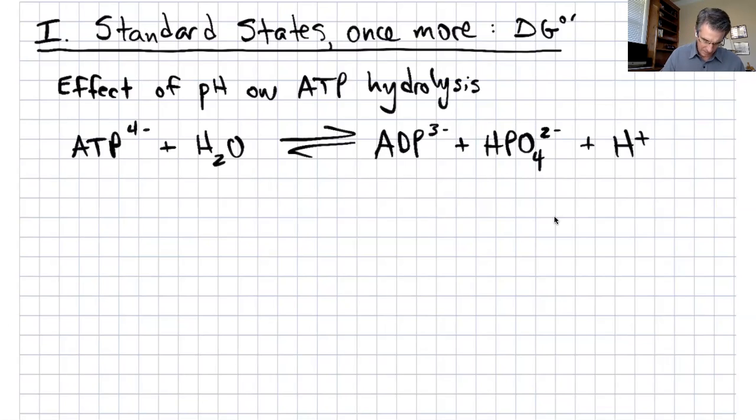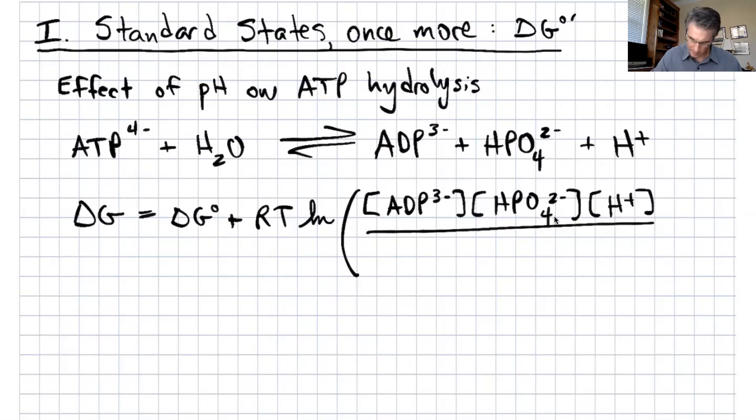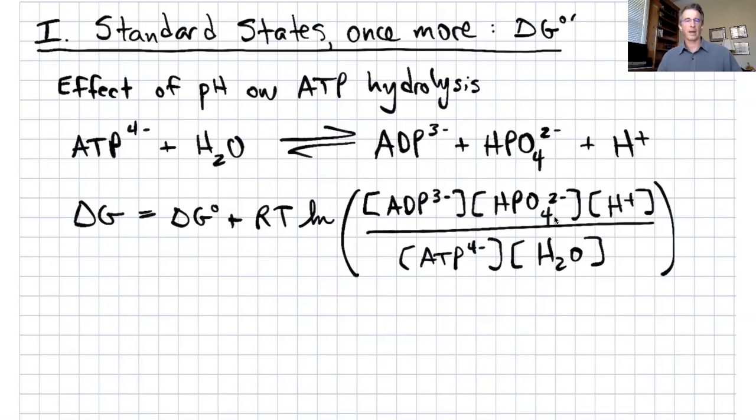Delta G would equal delta G naught plus RT natural log of the concentration of ADP times the concentration of inorganic phosphate times the concentration of protons, divided by the concentration of ATP times the concentration of water, because water is a reactant in this hydrolysis reaction.